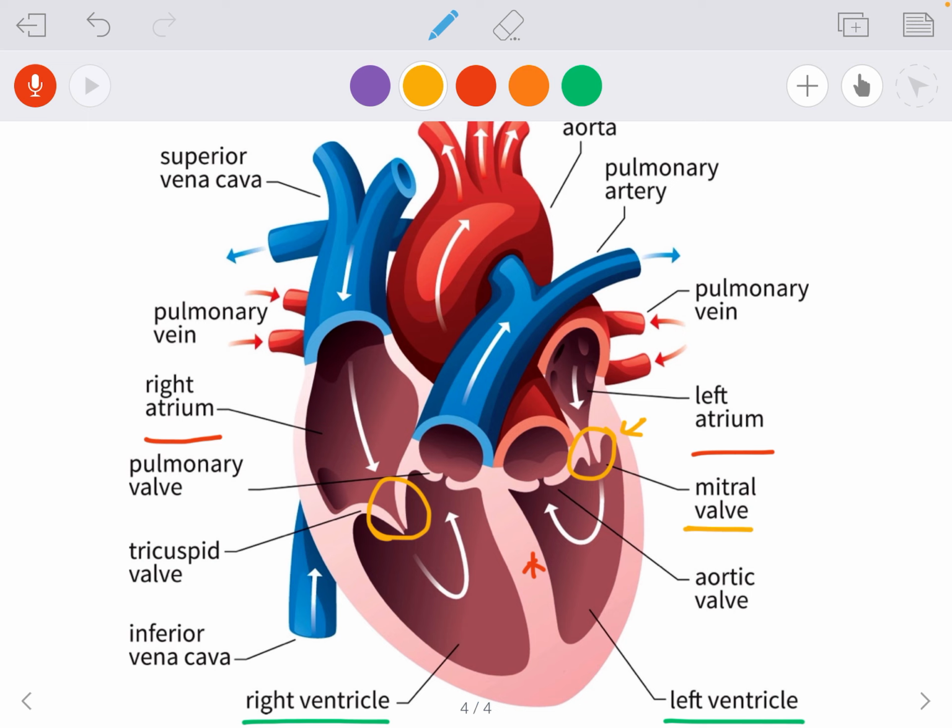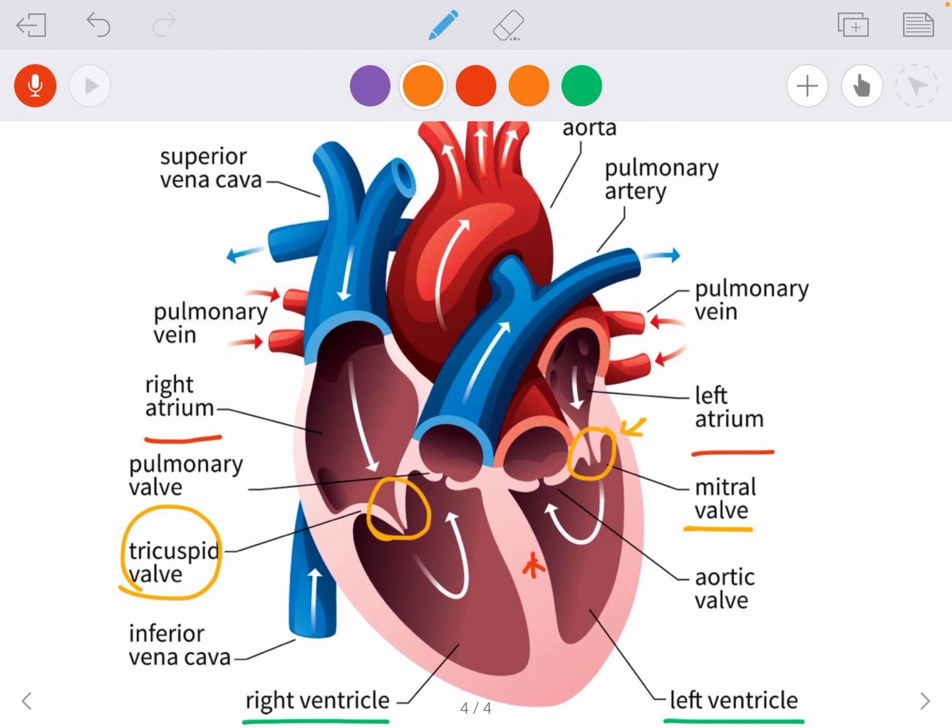This valve prevents the backward flow of blood from the left ventricle to the left atrium. This is the role of all valves. They prevent the backward flow of blood. The right atrioventricular valve is also called tricuspid valve. There are two more valves.